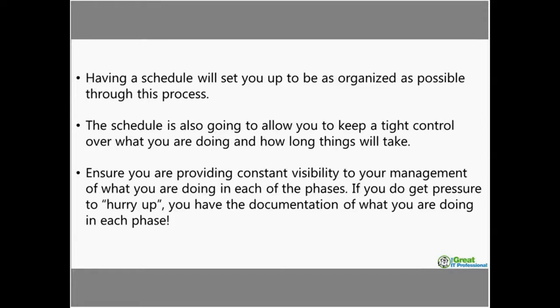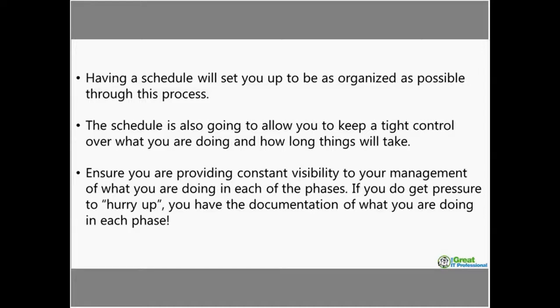So step one is really about having a schedule, making sure that you have that time, you have the justification, and you've thought out all the various things that you're going to do in each of these areas. Again, we just saw a sample there, but it's really about getting you thinking about what are all the things and what are all the questions that we should be asking across each of these areas.